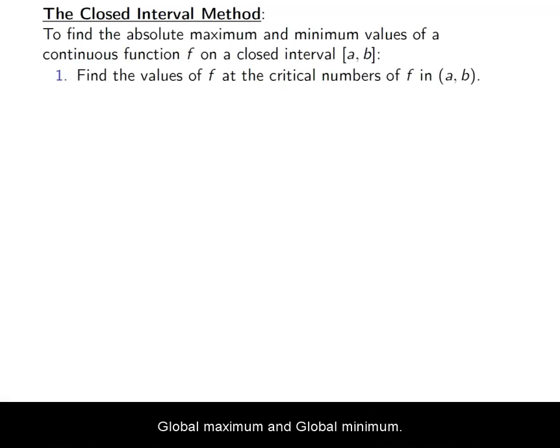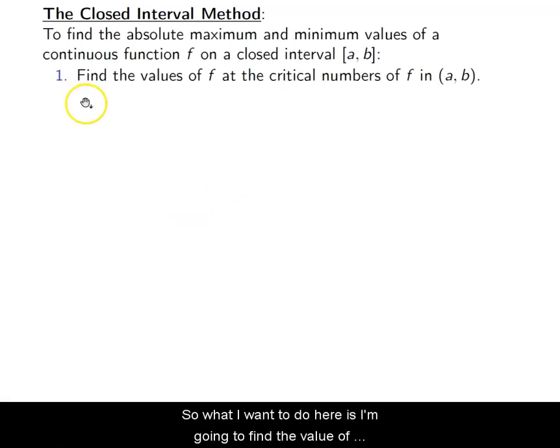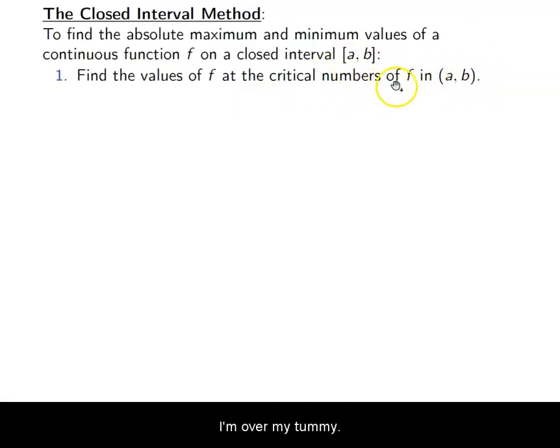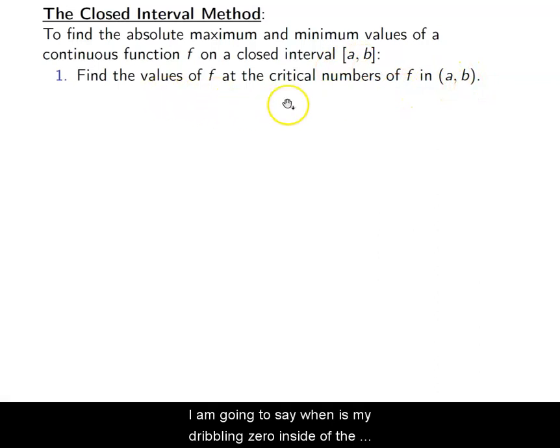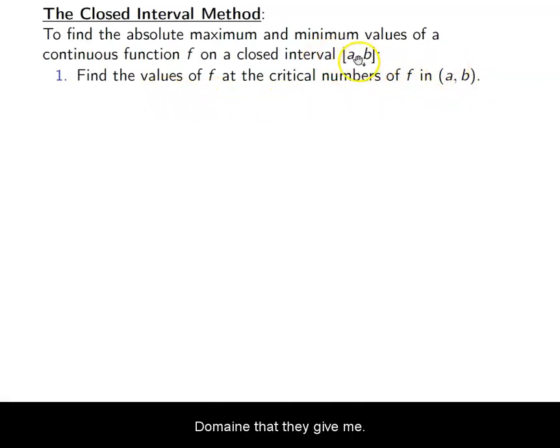So the closed interval method allows me to find global maximums and global minimums. So what I want to do here is I'm going to find the value of all of the critical numbers, right? So I'm going to find the derivative of f, and I'm going to find all the critical numbers inside of this open interval, so not including the endpoints. I'm just going to look over my domain, and I'm going to say when is my derivative 0 inside of the domain that they give me.